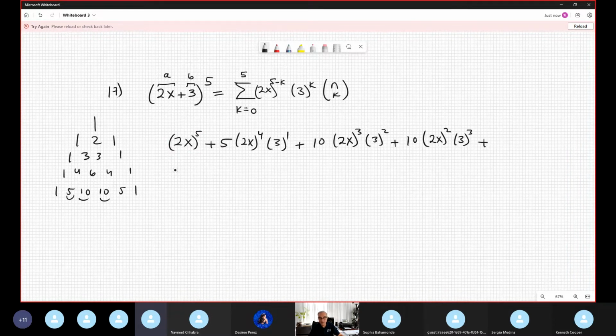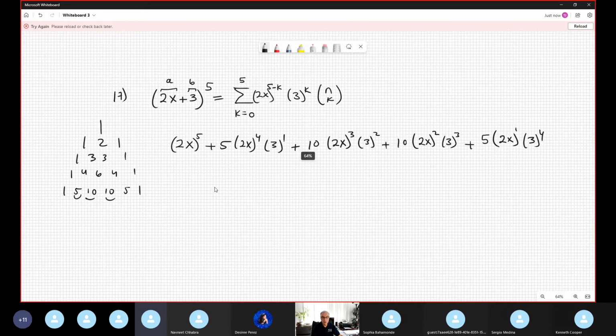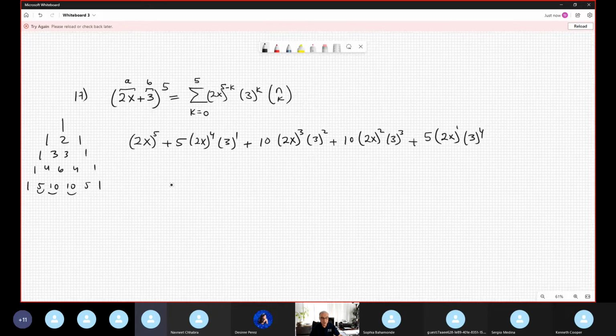Plus 5 times 2x to the 1 power. You know, 1 is an invisible exponent. You can put it if you want. And 3 to the 4th power. The last one is 1, which is invisible: 2x to the 0 power is 1. And 3 to the 5th power.